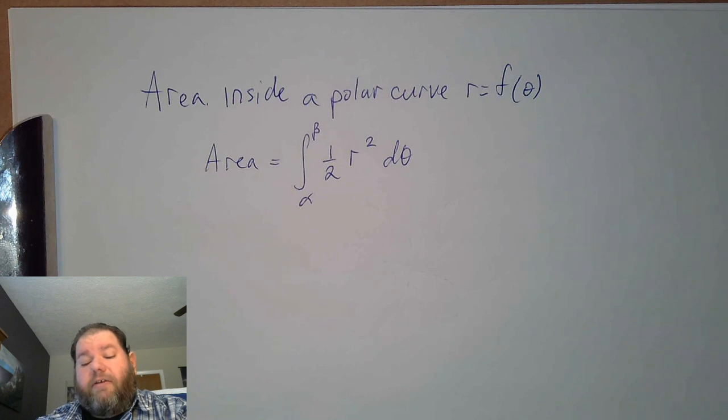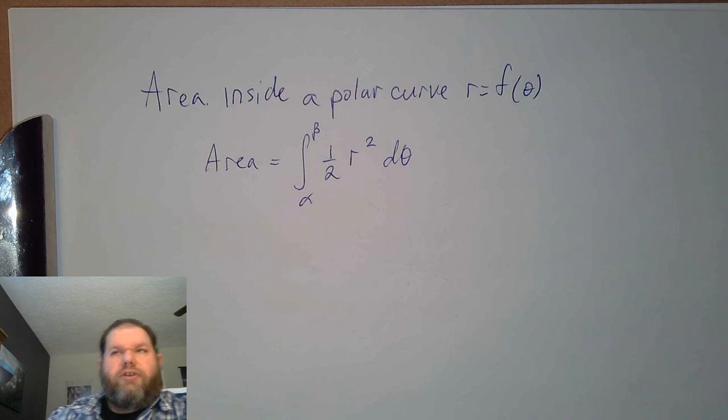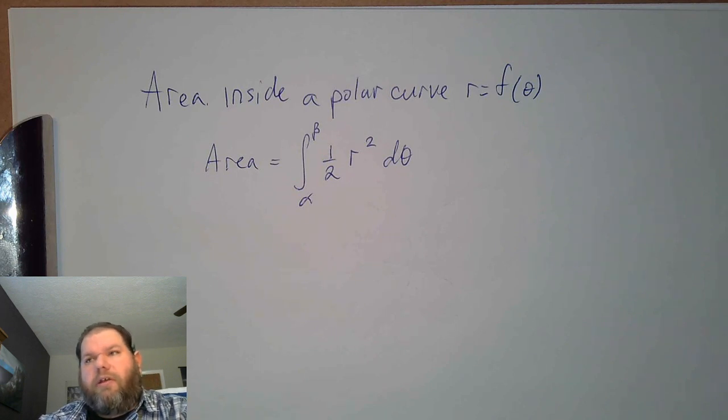The understanding of why this formula works really won't come until we get to calculus 3. It's kind of unclear why we have the 1/2 r squared there. I could actually explain it a bit. It's based on the shape of area in polar coordinates.